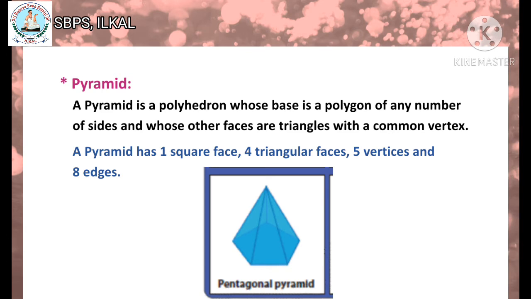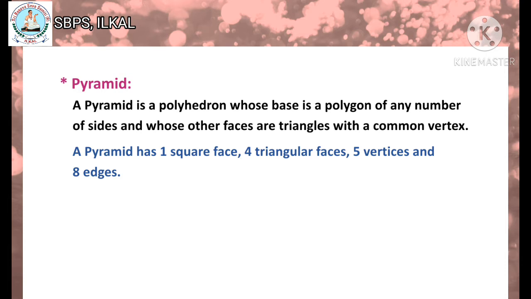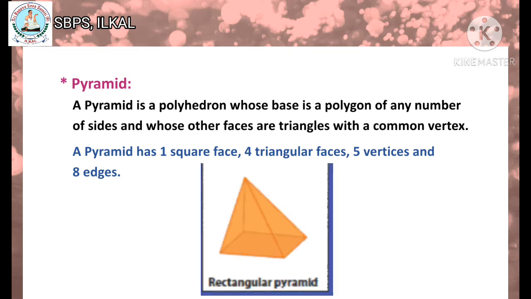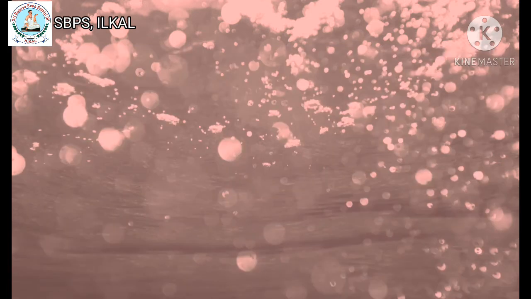Okay. And remaining all the faces will be triangular in shape which will meet at 1 vertex. Okay. All the triangular faces will meet at 1 vertex. In the same way, you can consider hexagonal pyramid also. Rectangular pyramid, octagonal pyramid are also some more examples for pyramids.